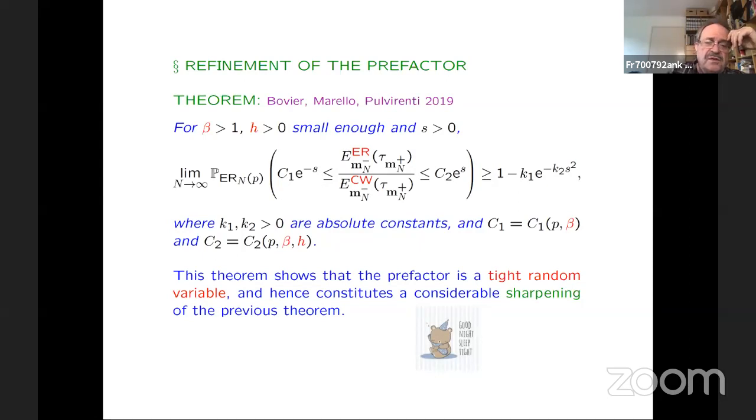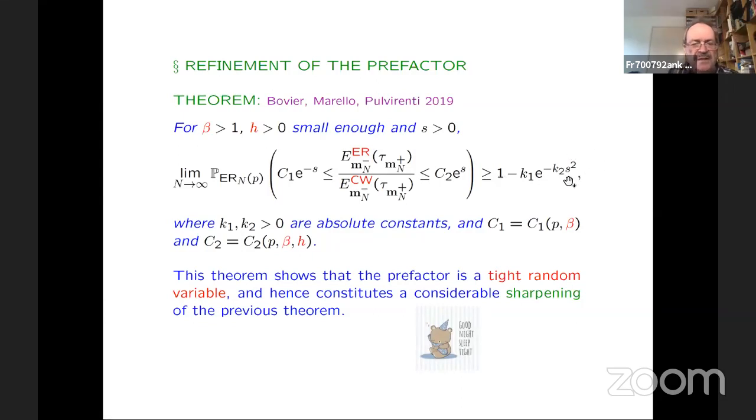So the prefactor is not tending to infinity as n tends to infinity, but it is stochastically tight under the law of the Erdős-Rényi random graph. And they were able to quantify this by saying, if there are certain constants, and if I want this thing to be sandwiched between e to the plus s and e to the minus s with appropriate constants, then the probability that it's within that window goes to 1 sort of like a Gaussian.